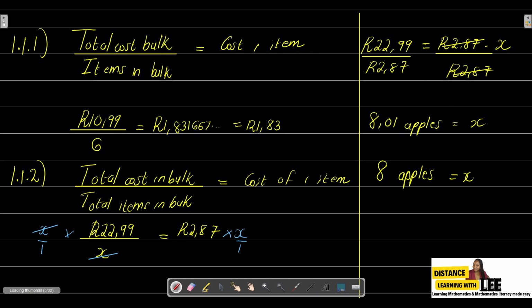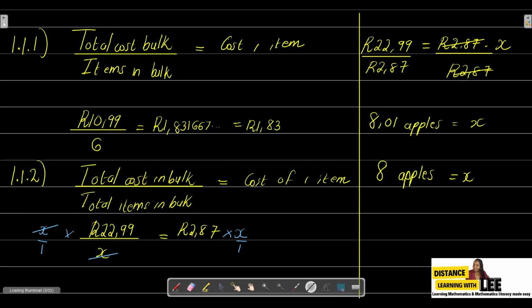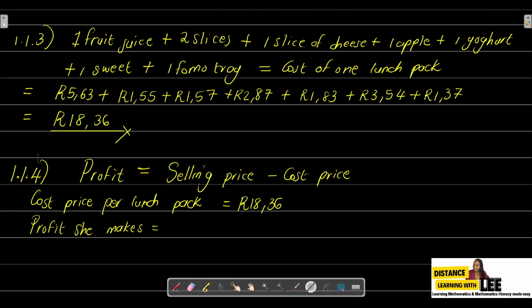And in this question, we are told that the profit she makes from selling 1 lunch pack is 16 Rand and 64 cents. So how do we now calculate the selling price?